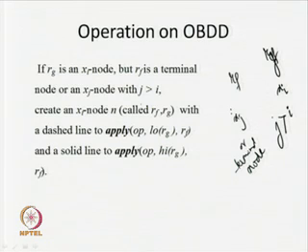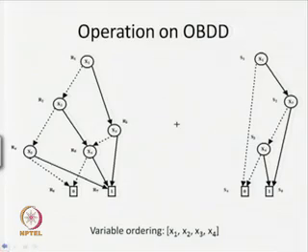So, in a similar way we are going to treat it. In the dashed line we are going to apply low of RG and RF, and apply high of RG and RF. Just see that these are symmetric. In the previous case we took low of RF and RG, now we are going to take low of RG and RF.